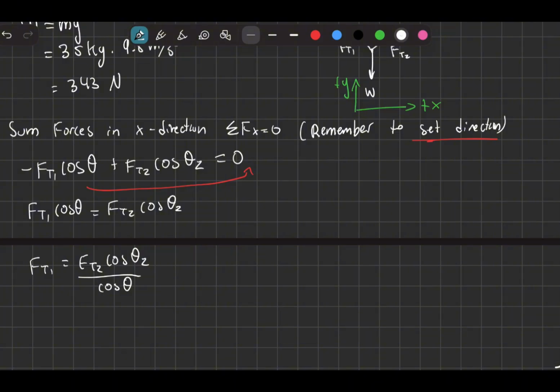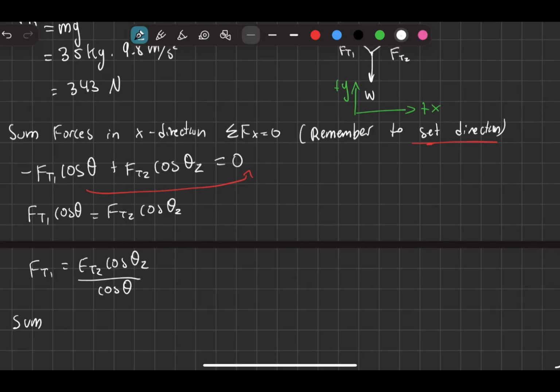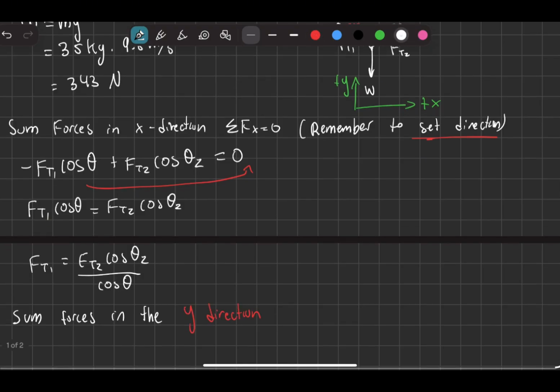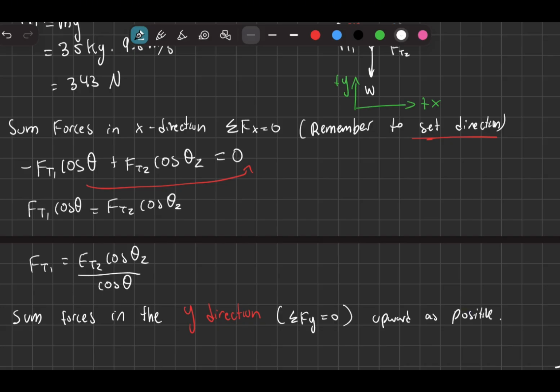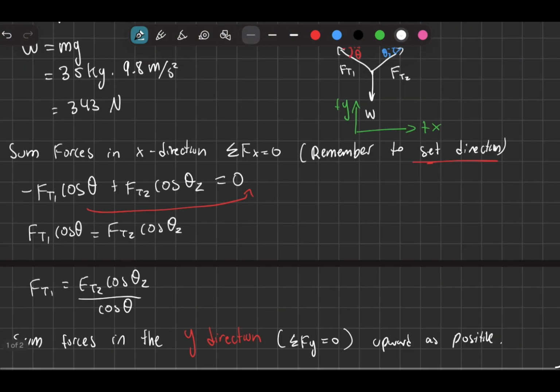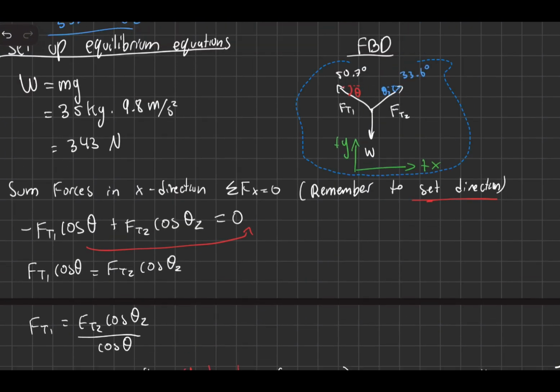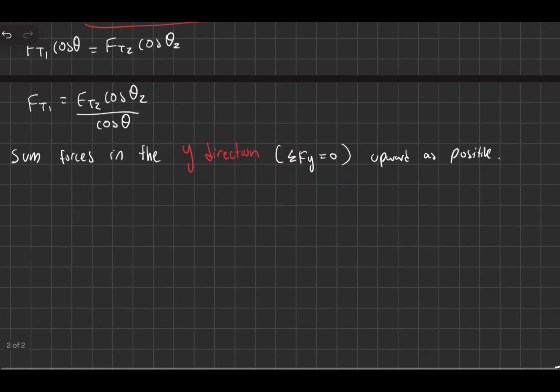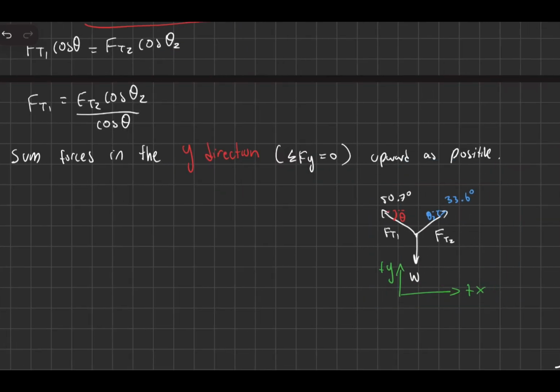Now we can isolate for FT1 so that when we sum the forces in the y direction, we can just plug in that value and get that equation in terms of one variable. So then again, for the y direction, we're setting upwards as positive. I'm just going to copy our free body diagram and repaste it where we're working so that it's a little easier to understand how I'm calculating the forces in the y direction.